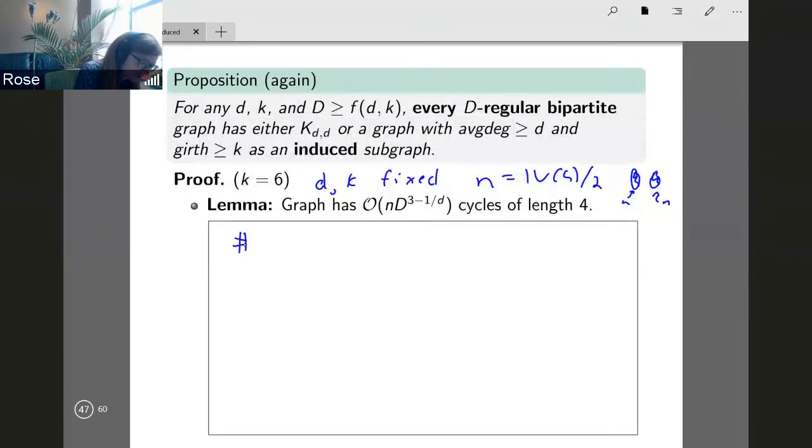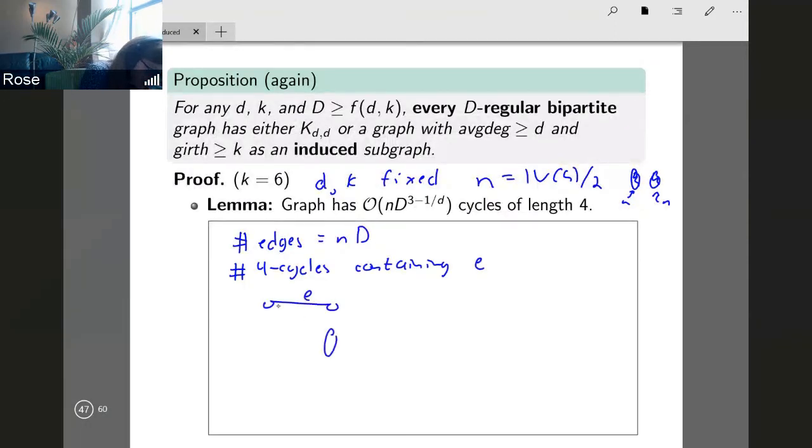The number of edges of this graph is n times D, because it's D-regular and has n vertices on each side. Now we can look at the number of 4-cycles containing a particular edge e. Each 4-cycle containing e comes exactly from an edge between a neighbor of v and a neighbor of u.